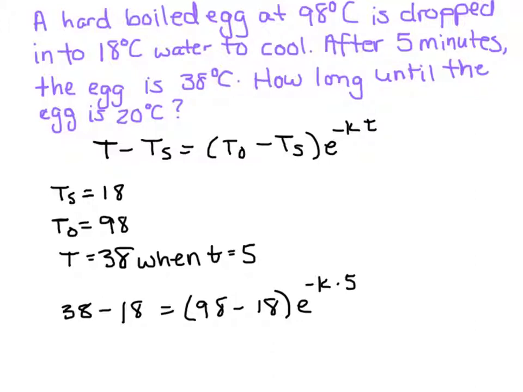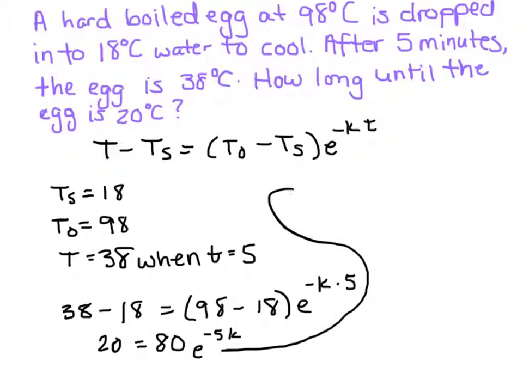We have 38 minus 18 is 20 equals 98 minus 18, 80, e to the negative 5k. Divide both sides by 80. That gives us 20 divided by 80 is 1/4 equals e to the negative 5k.